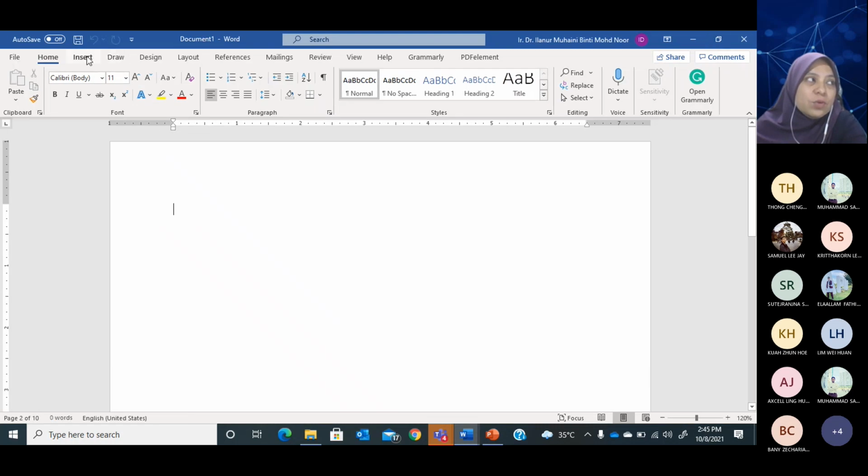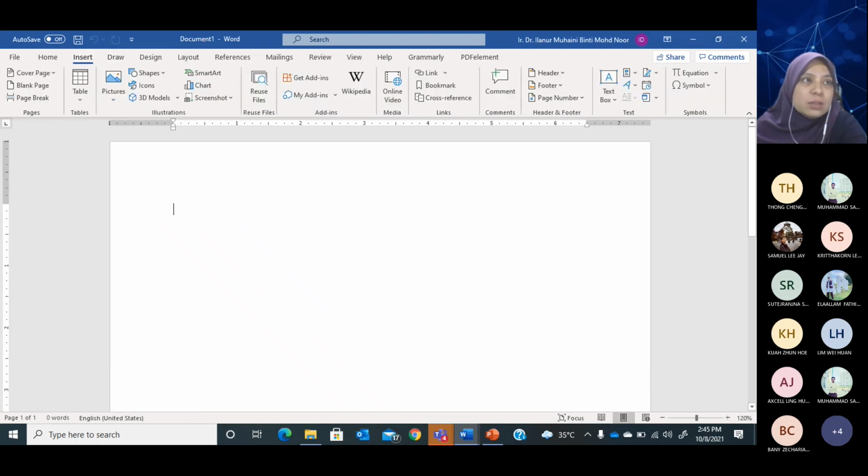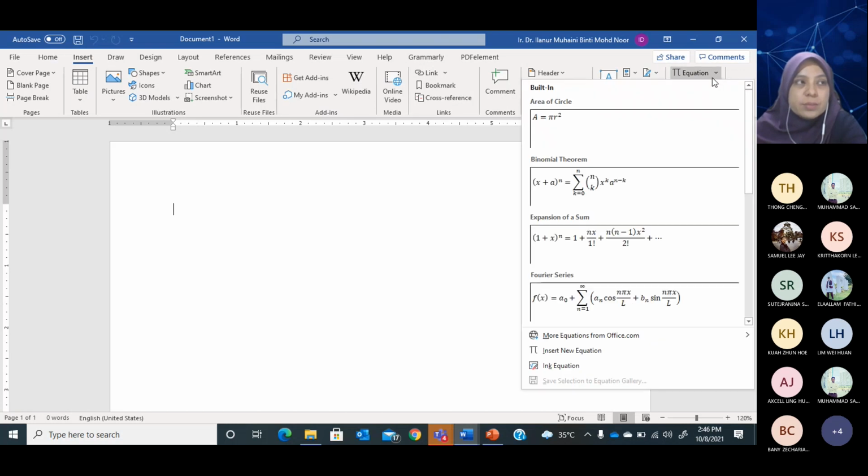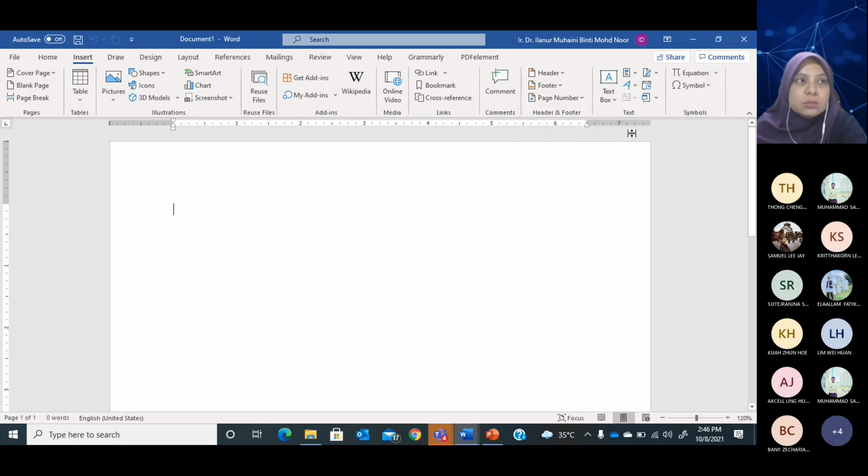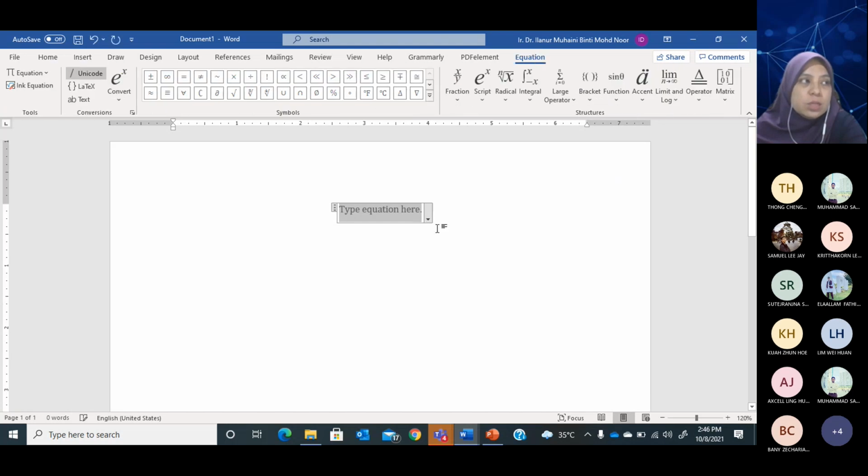Okay, if you don't know, you go to insert. Go to equation. Equation just click also can. When you click equation, this will come out. Let's say you have P equal to F per A, right? So you type here. Click here.